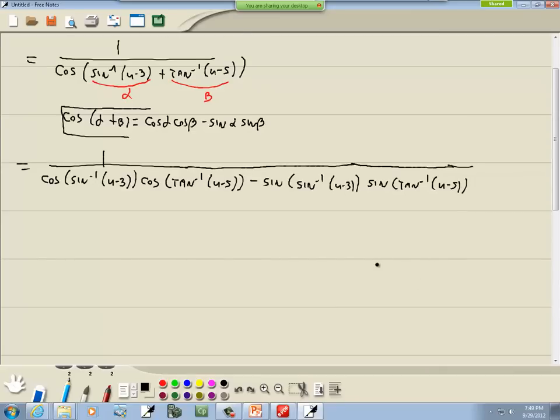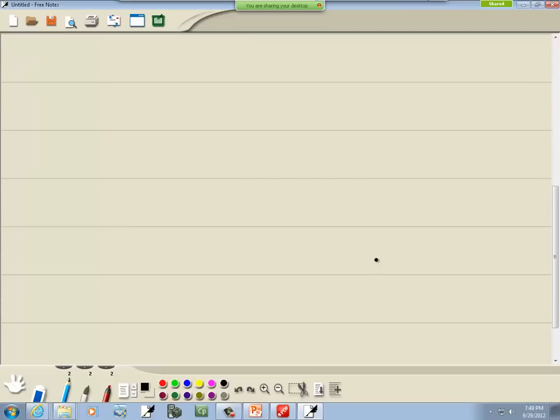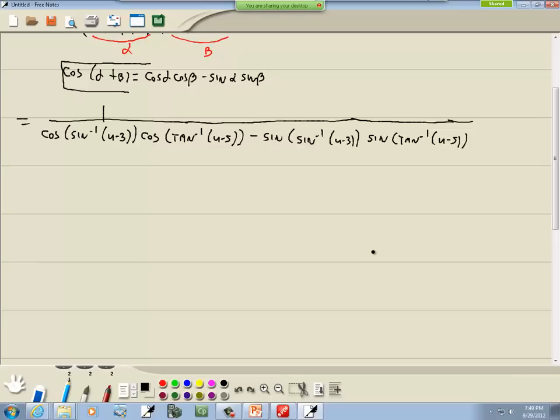I'm not quite sure how to do this, except maybe I'll come way down here and look at each of these little pieces. We got one piece here. We got one piece here. We got one piece here. And we got one piece here.